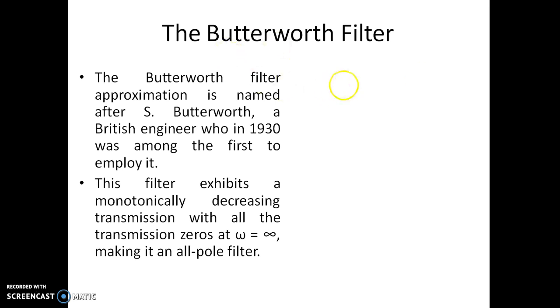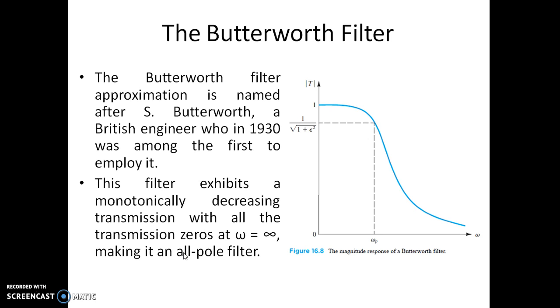This filter exhibits a monotonically decreasing transmission with all transmission zeros at omega equal to infinity. So as you can see here, this Butterworth filter has got all its zeros at infinity, which makes the Butterworth filter an all pole filter.